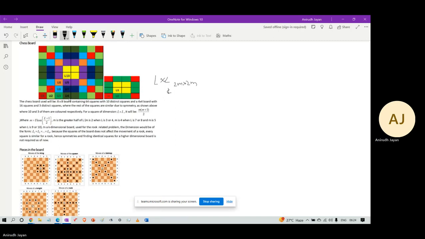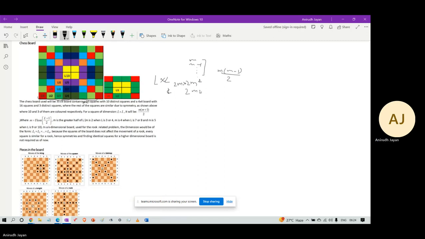Then one half will be m, the other half will be m, and we have m minus 1 up till 1, which is m into m minus 1 by 2, the total number of squares.